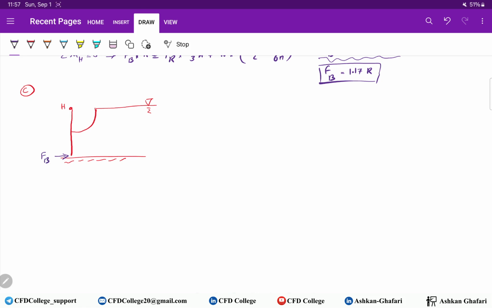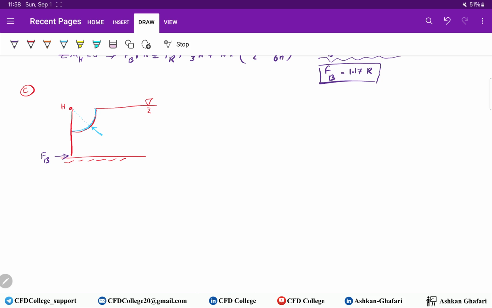And we have to find other forces. What do we have? For this circular part, we know that this force passes through the hinge, which is the center of the circle.